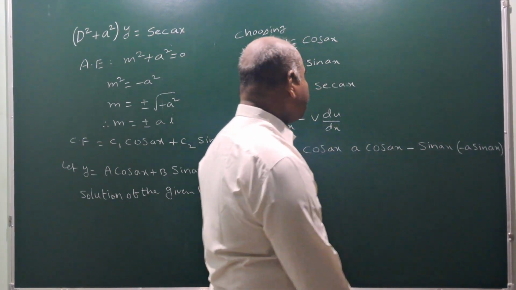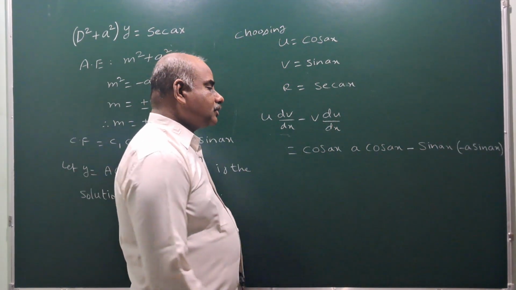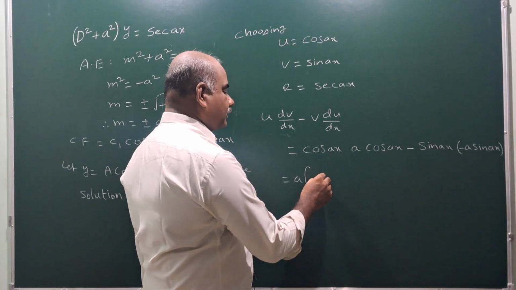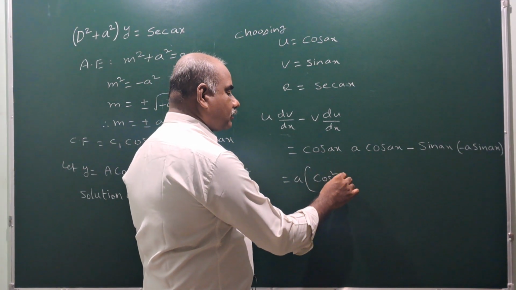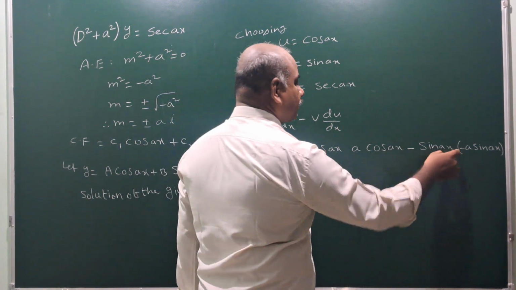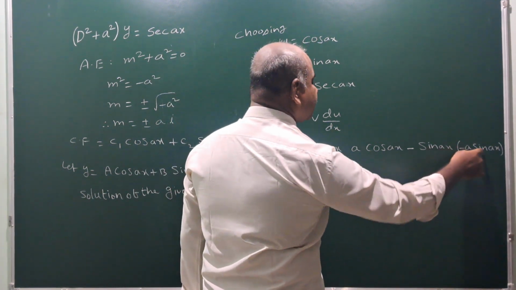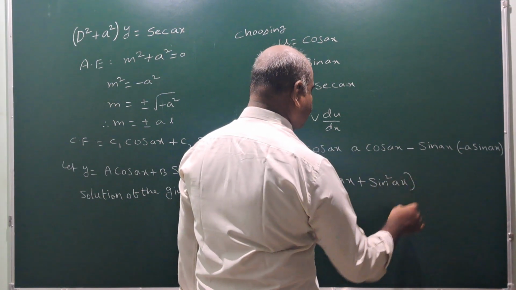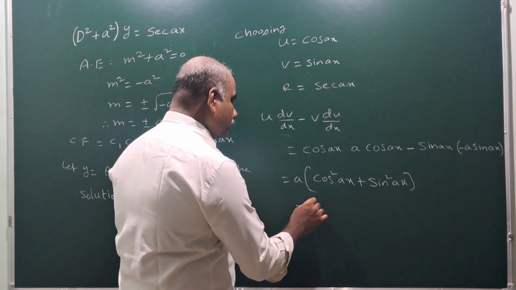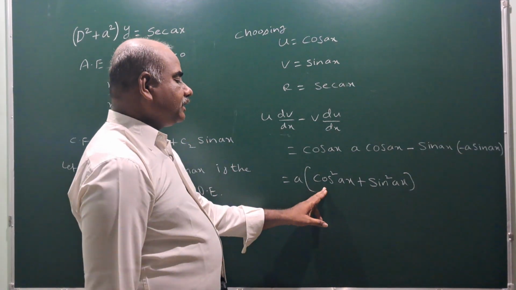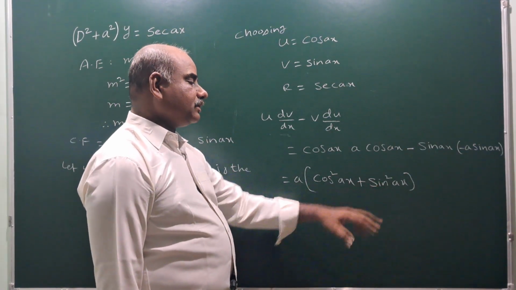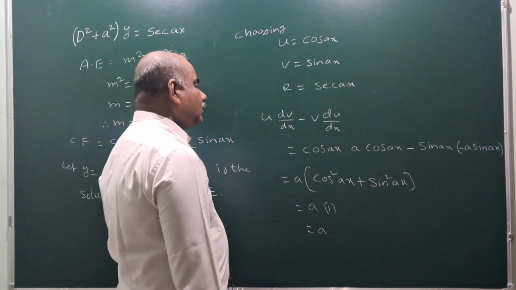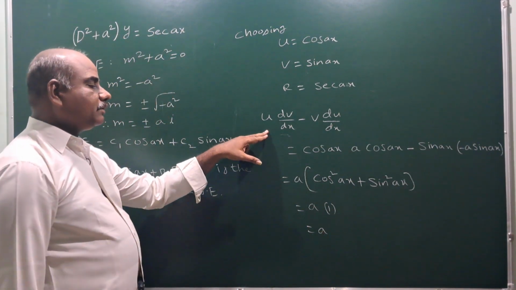So take a as common from these two terms: cos ax into cos ax gives cos² ax, minus into minus plus, sin ax into sin ax gives sin² ax, which is equal to 1, since cos²θ + sin²θ is always 1. Finally, u dv/dx − v du/dx = a.